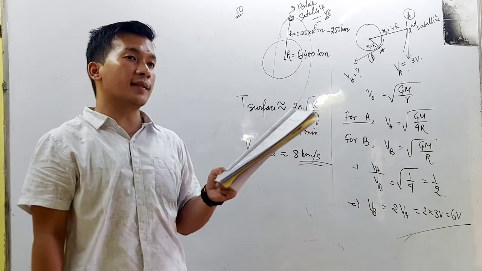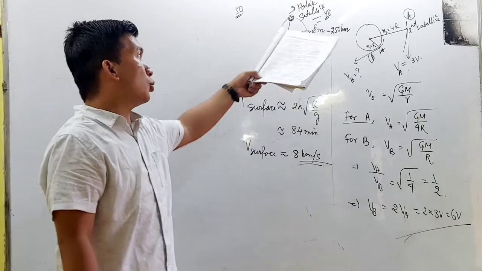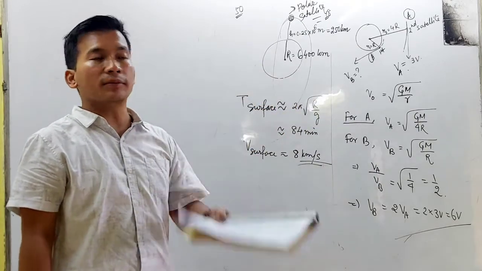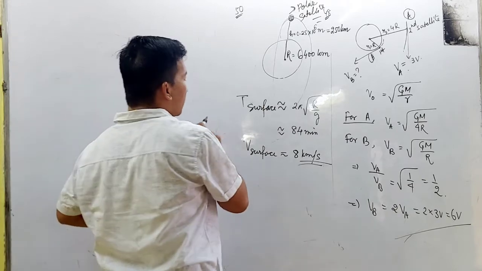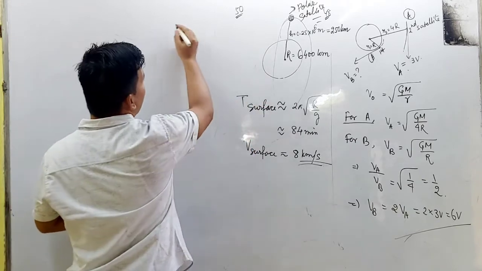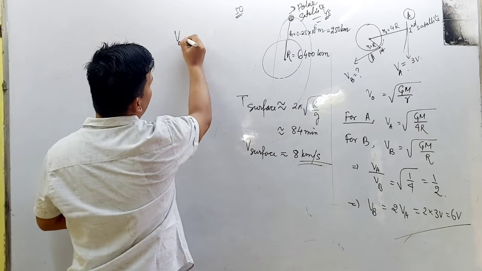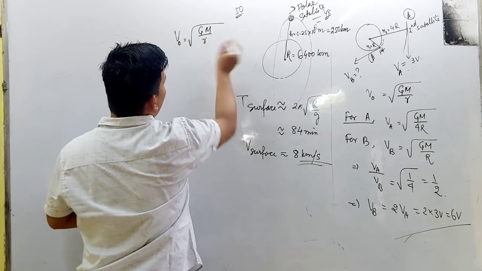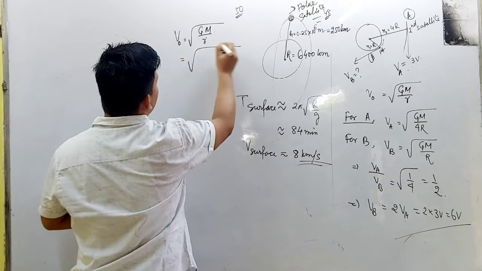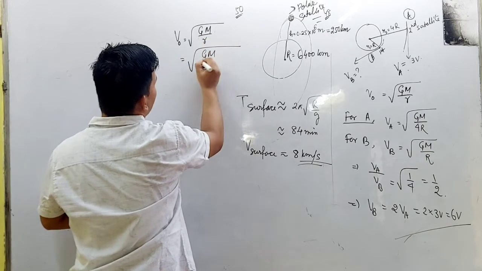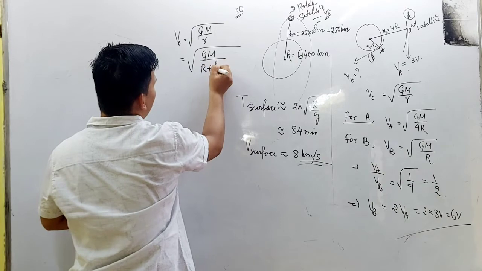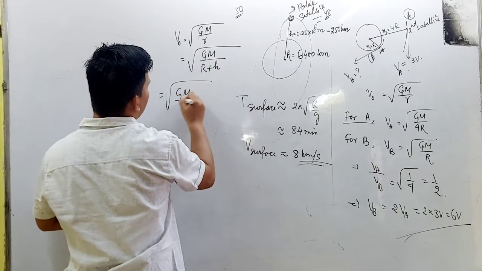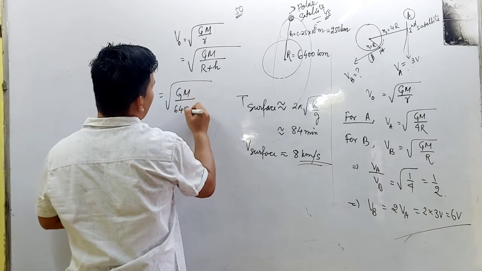250 kilometer when compared with capital R. If you do not believe me, then you just put like this: root over capital GM divided by small r. Small r value is capital GM divided by r plus h. This is root over capital GM divided by 6400 plus 250.